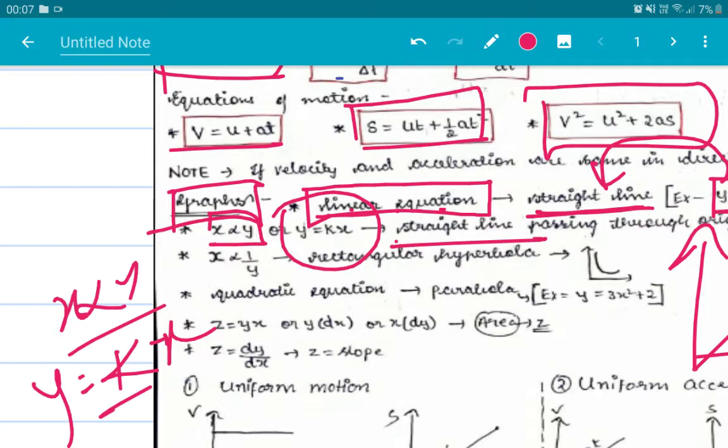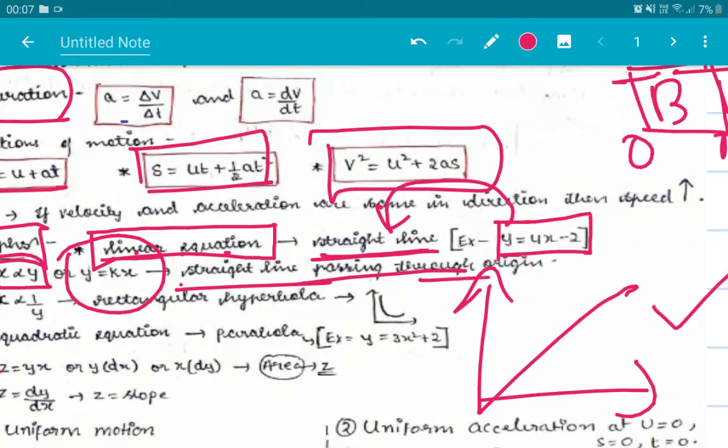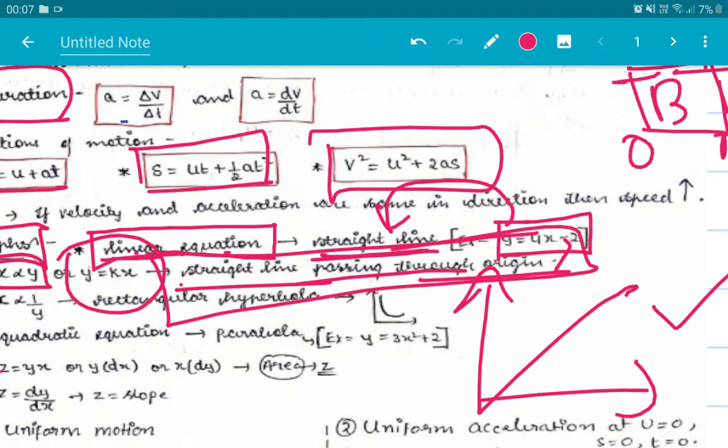Obviously, if x is proportional to y, if x increases, y also increases; if x decreases, y also decreases. Hence it will be a straight line passing through the origin. If x becomes 0, y becomes 0.